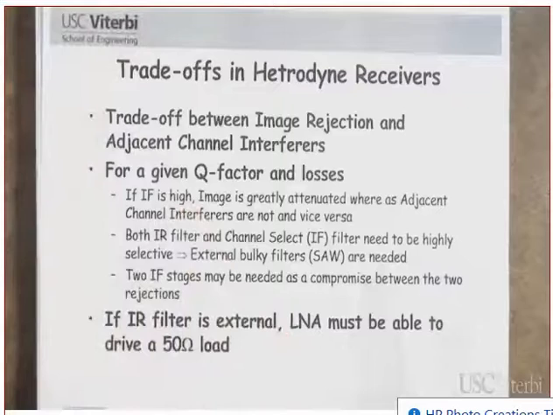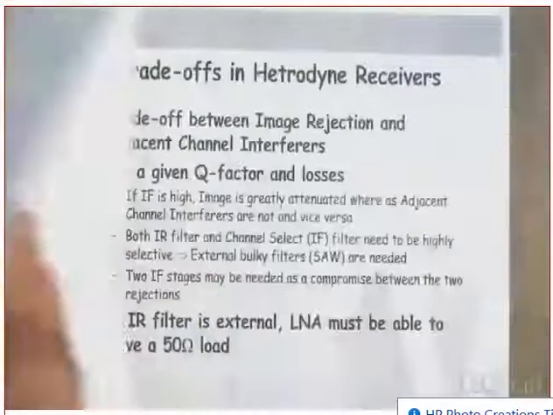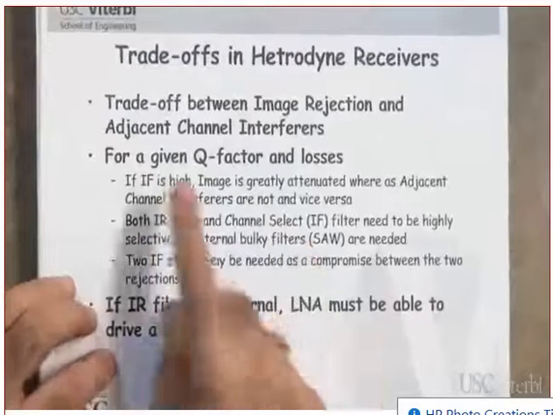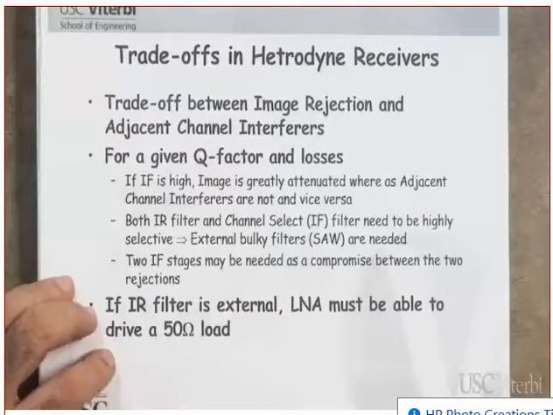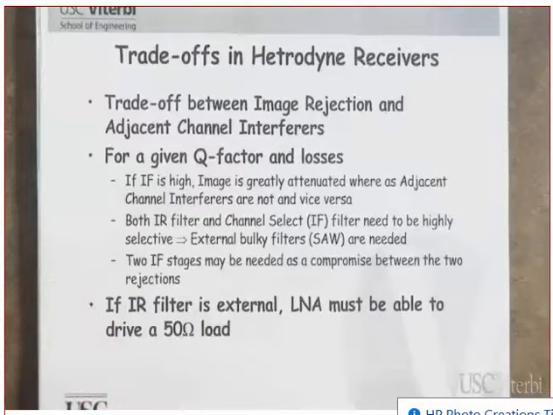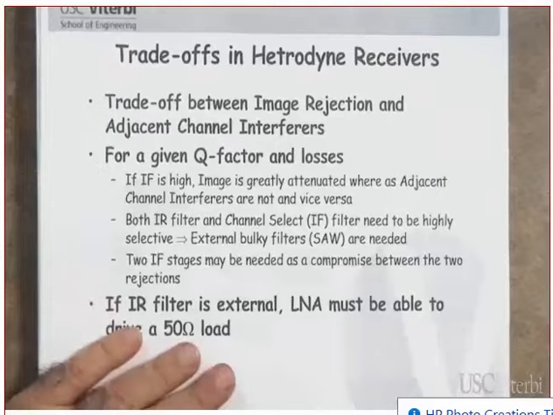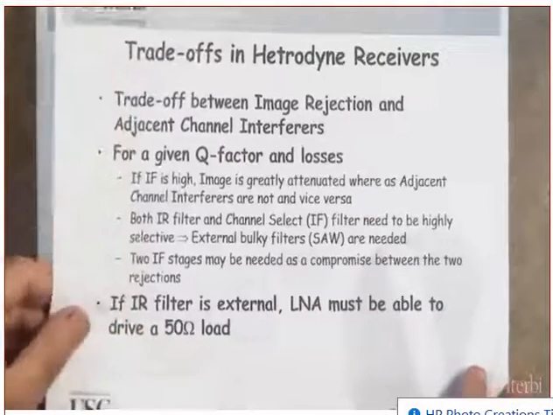The one I showed you, this one. If you make the IF small, then you need a sharper filter in the image rejection, but a looser filter on the other one. Clear? So you need to make some kind of a trade-off.